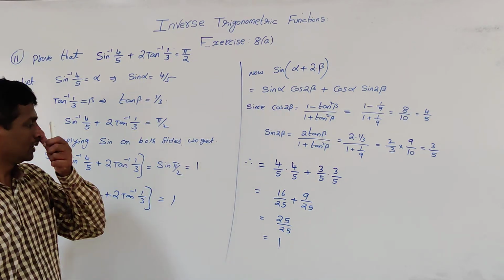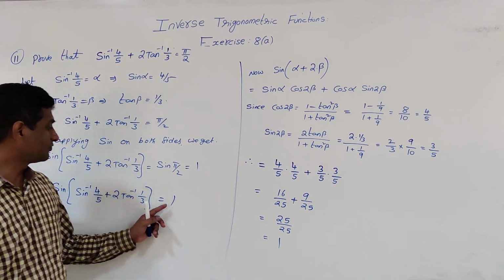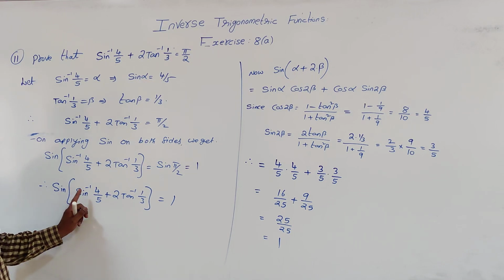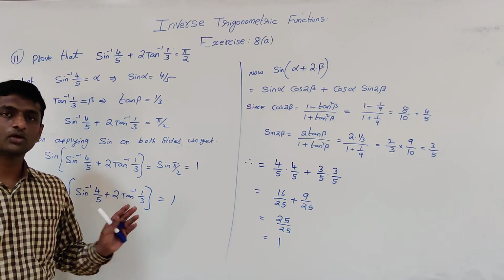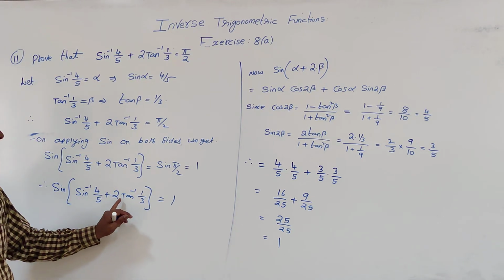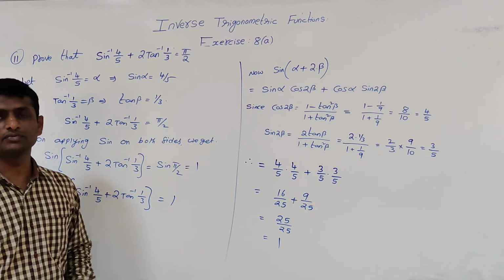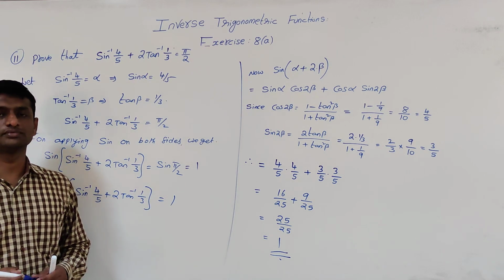So therefore sin of (alpha plus 2 beta) is equal to 1. That is our proof. Or sin inverse of 4/5 plus 2 tan inverse of 1/3 is sin inverse of 1, and sin inverse of 1 is pi by 2. So that is the proof, and we'll see the next problem.